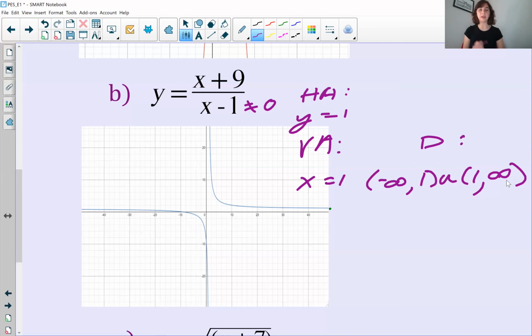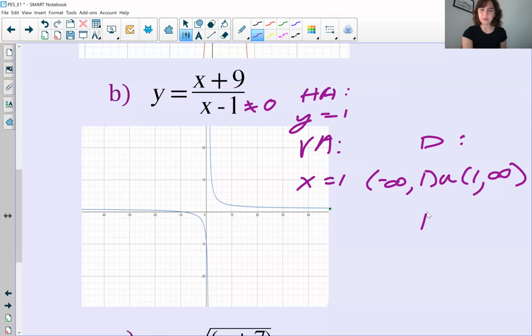So looking at horizontal asymptotes, we see that the degree on the top is the same as the degree on the bottom. BOBO BOTN tells us to DC, divide coefficients. And so we get a horizontal asymptote of y equals 1. And you remember that horizontal asymptotes are what affect range.